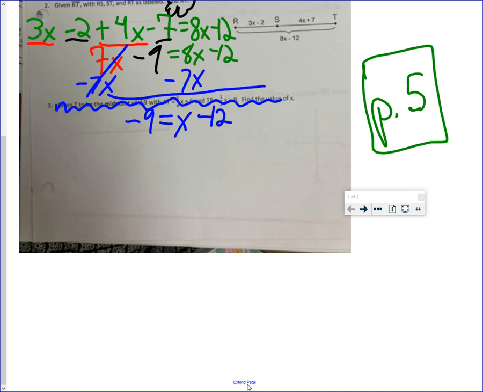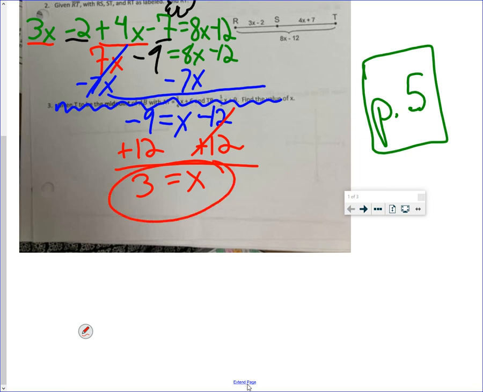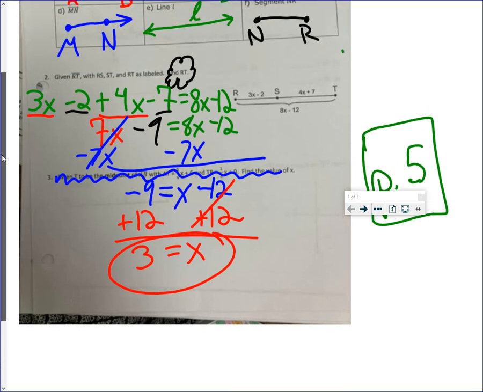So we have negative 9 equals x minus 12. Add the 12 to both sides, and we should get x equals 3. Now remember, that might not be the final answer, because sometimes we have to take the 3 and plug it back into what we wanted. What did I put a cloud around?